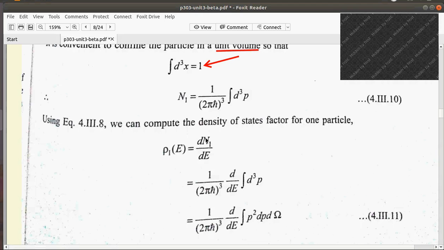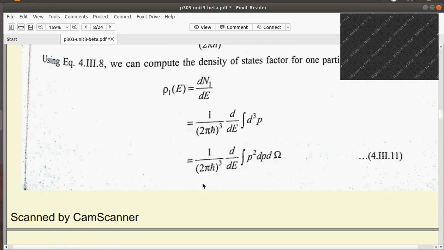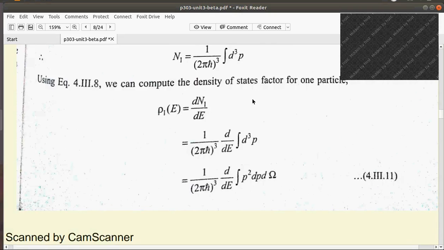For one particle it will be dn1 by dE, where n1 is this formula. Now substitute the value of n1 here. I will get 1 by 2 pi h cut, because it is constant, it will come out. Now d by dE is here, and then there is the integral of d cube p.